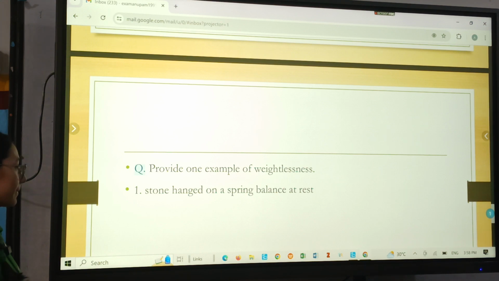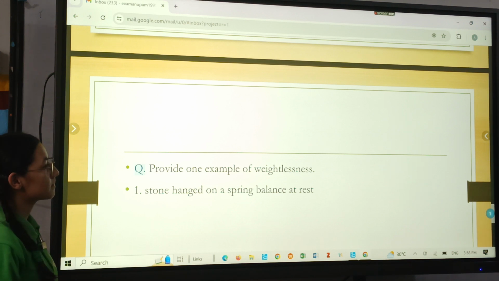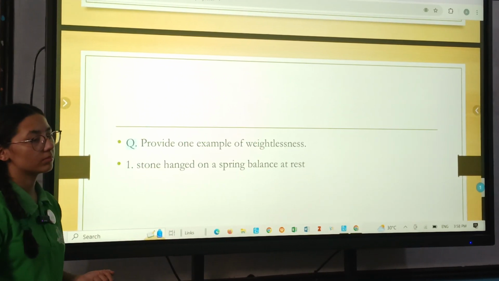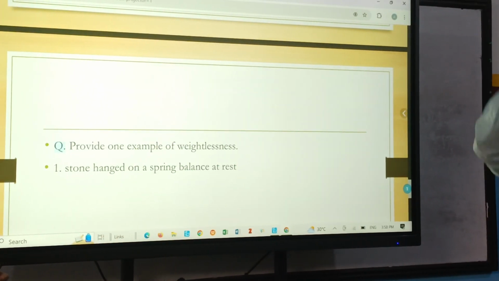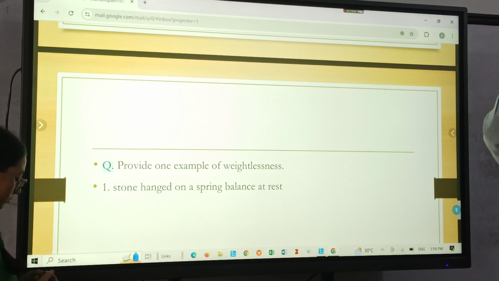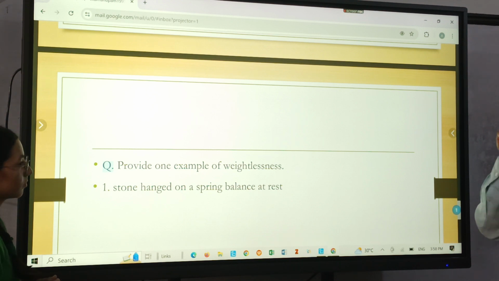So when we take a spring balance and hang a stone, the spring balance does not show any value because of weightlessness. Or if a body is falling freely, then there is weightlessness.